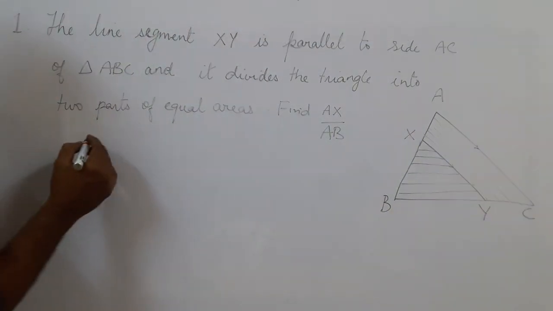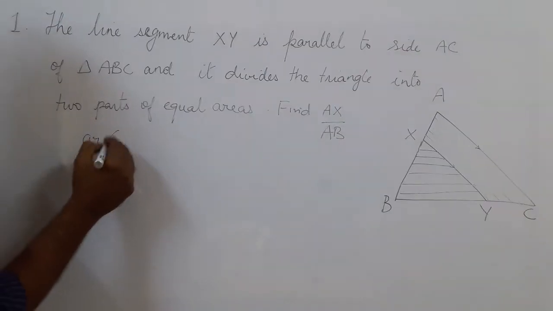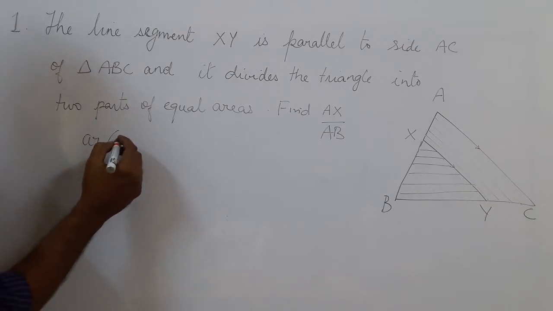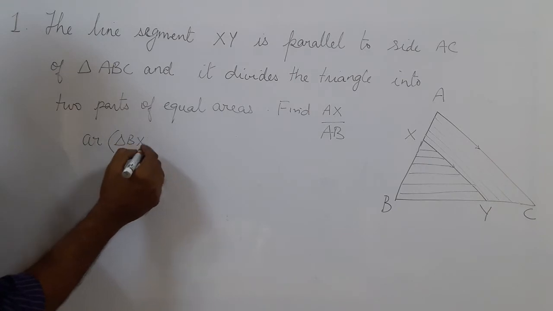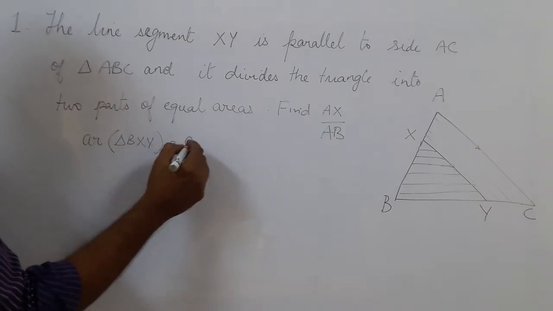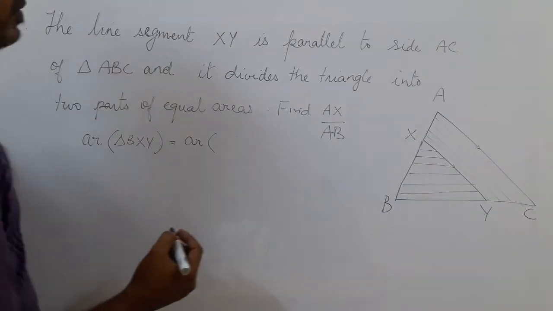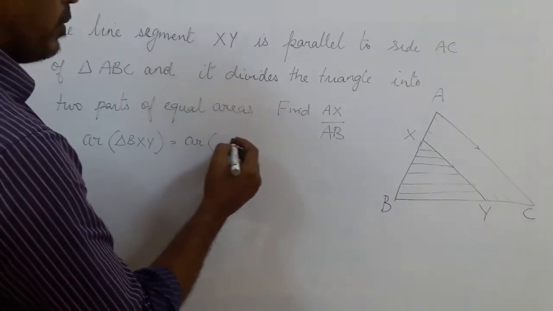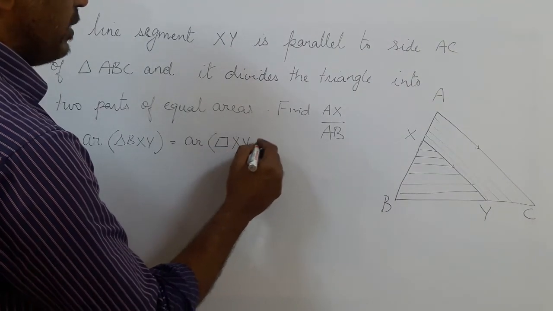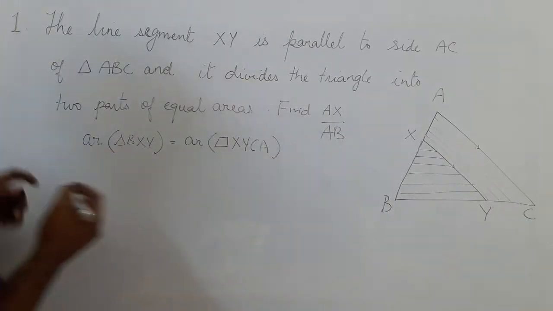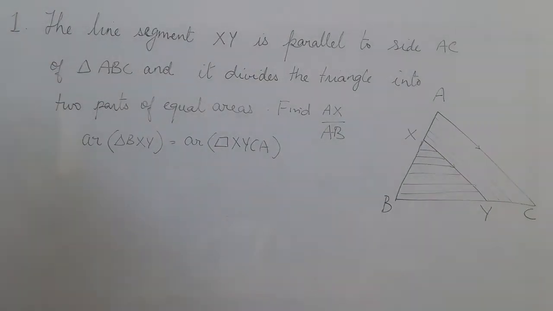What is given is that the area of triangle BXY is equal to the area of the quadrilateral XYCA. Okay, this is what is given. So understand the question properly.